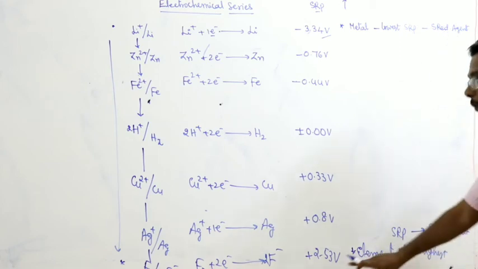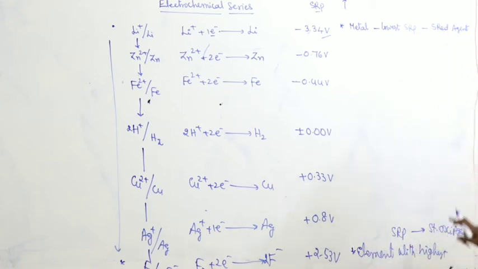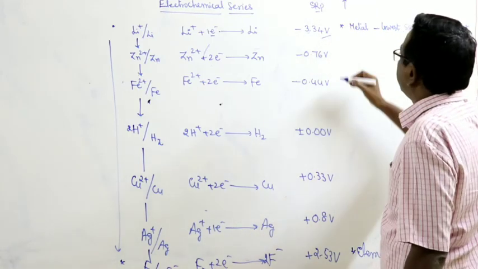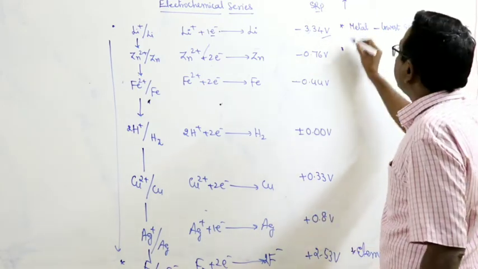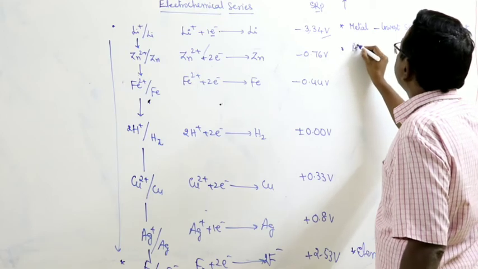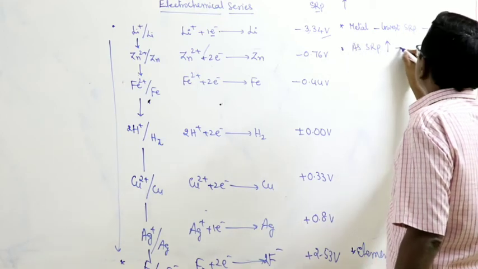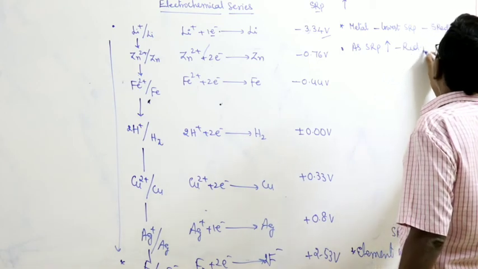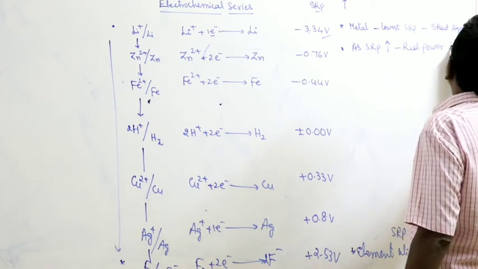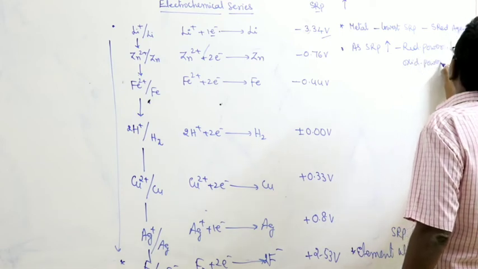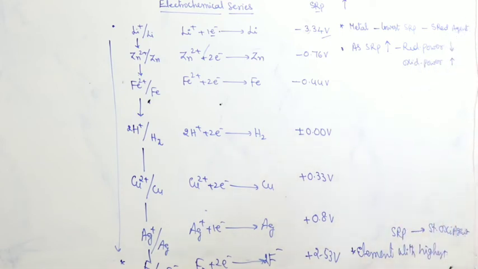With the highest SRP, strongest oxidizing agent. Means what? As the SRP value increases, the reducing power decreases and the oxidizing power increases.